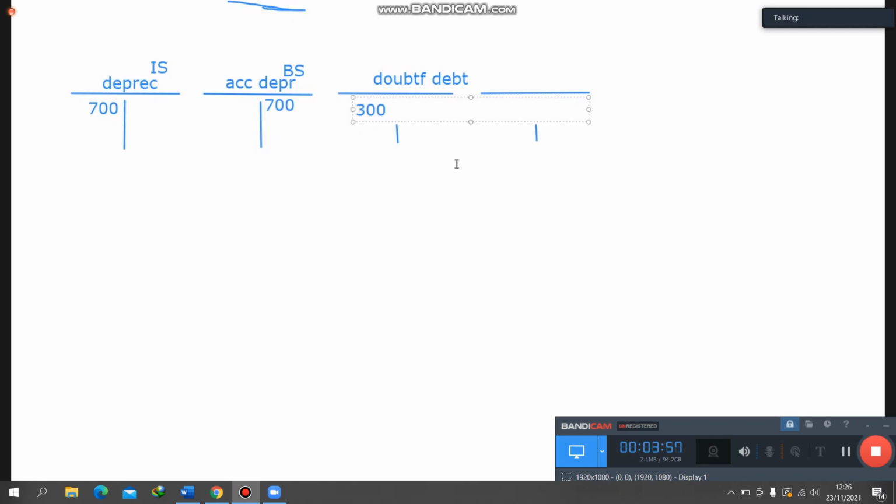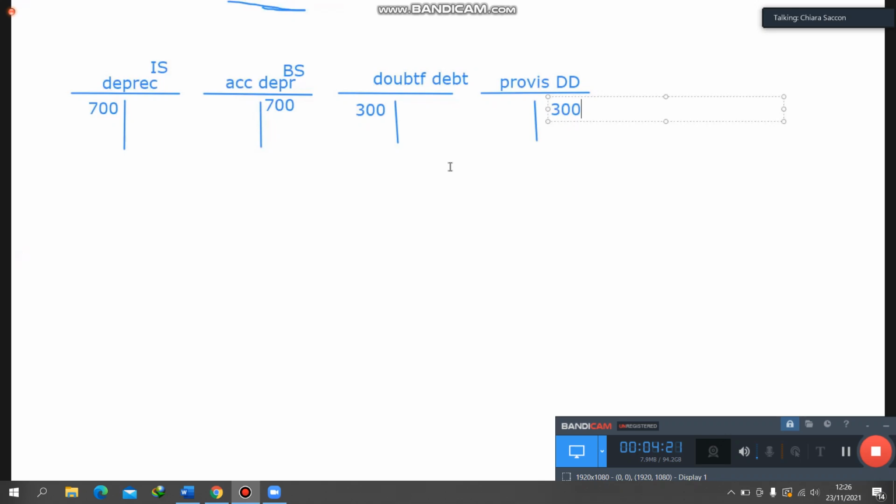And on the account that is called the provisions for doubtful debt, 300 on the right side. This is seen as a sort of asset reduction because it is going to reduce the amount of receivable.